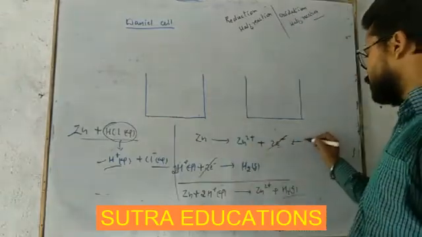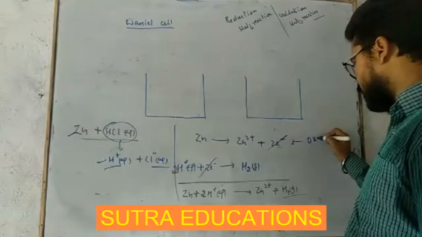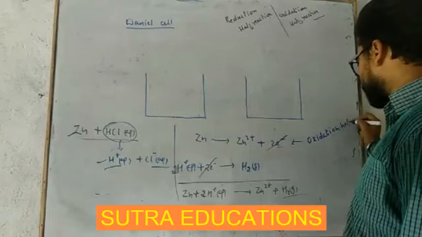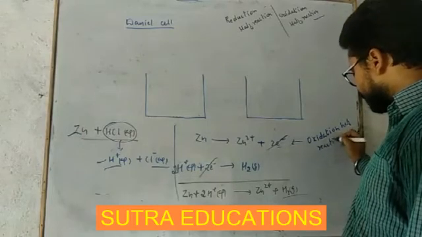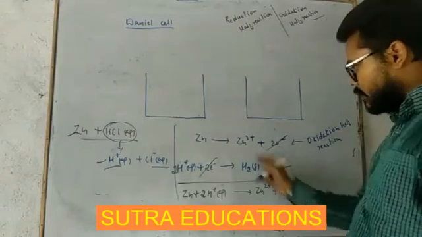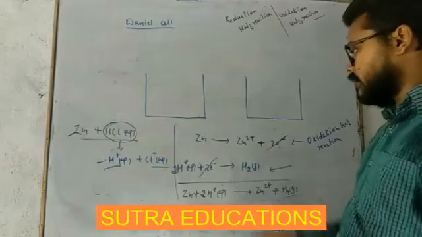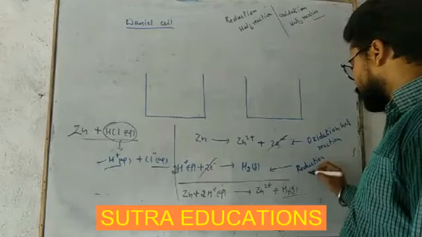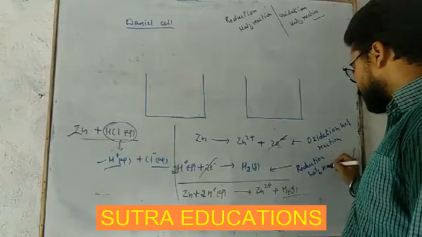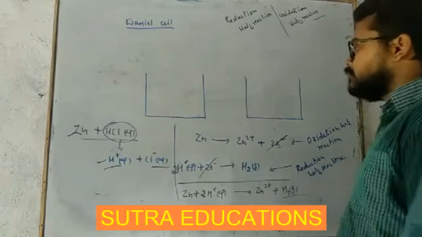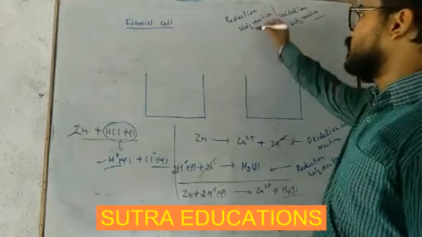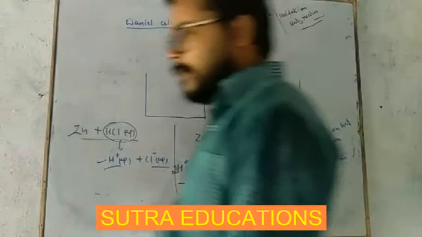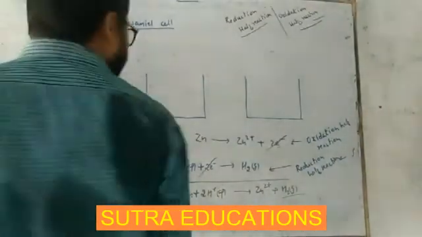So this is the oxidation half reaction. And this is accepting electrons, which means reduction is taking place. So this is the reduction half reaction. So there are two things, the reduction half reaction and the oxidation half reaction. Now we will understand this Daniell cell.